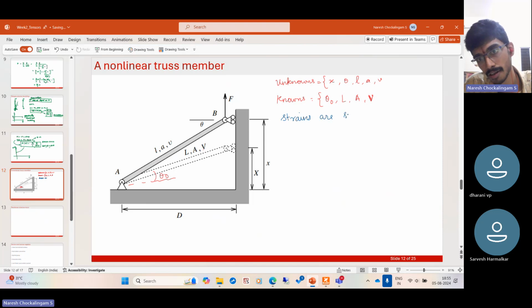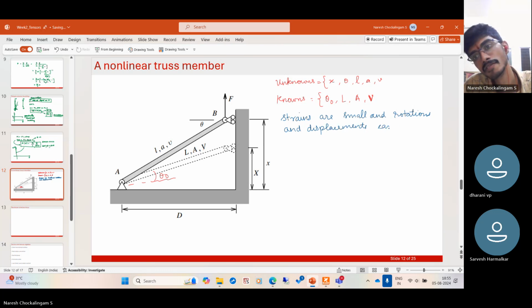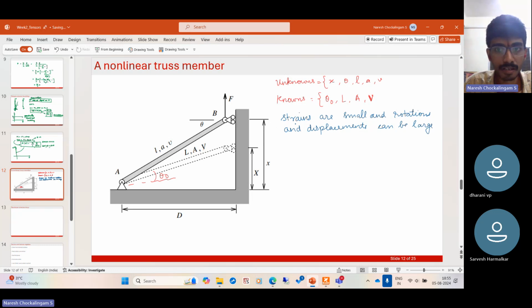Strains are small and rotations and displacements can be big. The reason I'm doing this is I don't want to deal with material nonlinearity. I said we have the strain-displacement relation, the stress-strain relation, and the equilibrium, the relationship between the forces.